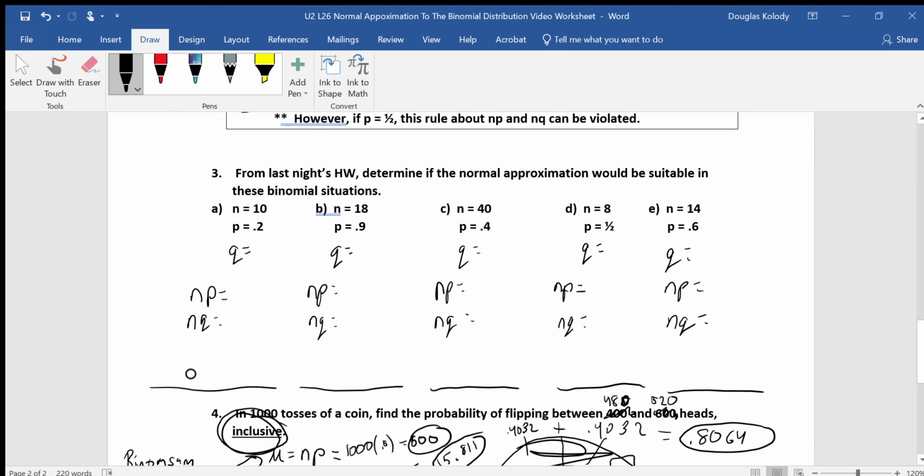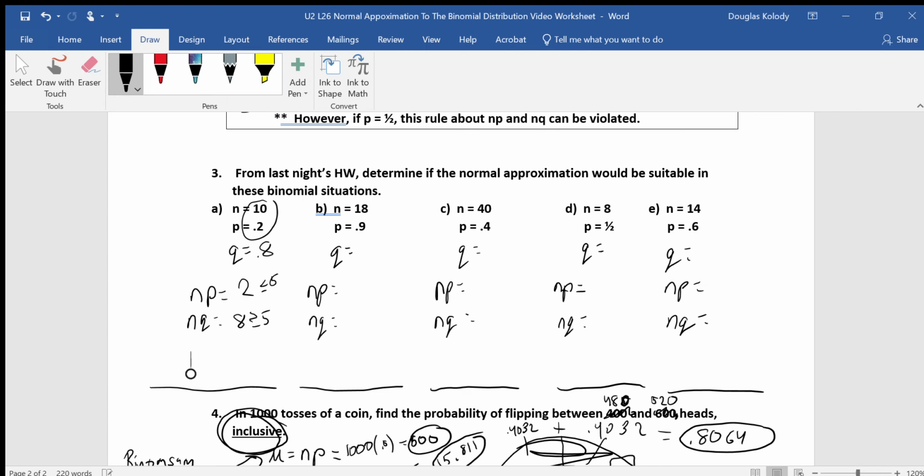So let's go through this homework right now and answer this. If p is 0.2, that means q is 0.8. So n times p is 10 times 0.2, which is 2. N times q is 10 times 0.8, which is 8. Are both of these numbers greater than or equal to 5? No, this is greater than or equal to 5, but this is less than 5.